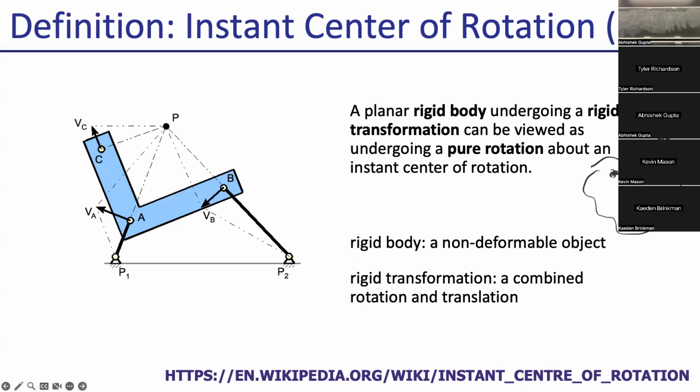It's the point which doesn't move. So how would I find this point? Yes. Perfect. You take perpendiculars to the velocities at both points. Take the perpendicular at this point, take the perpendicular at this point, and the point at which they meet is going to be your instantaneous center of rotation.